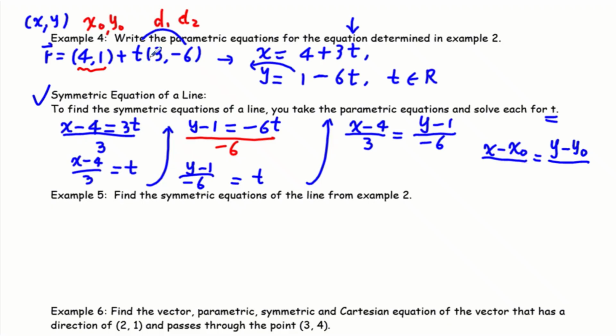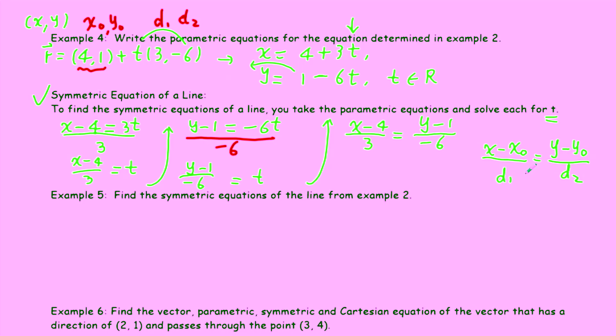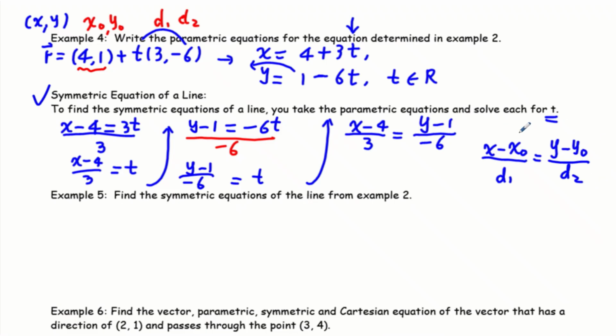The two numbers below are our direction vector, d1, d2. So this is the x direction, this is the y direction, this is the given point, and these two are the given direction vector. You just put the x0, y0 on the top and the direction vector at the bottom, and you have the symmetric equation of a line.